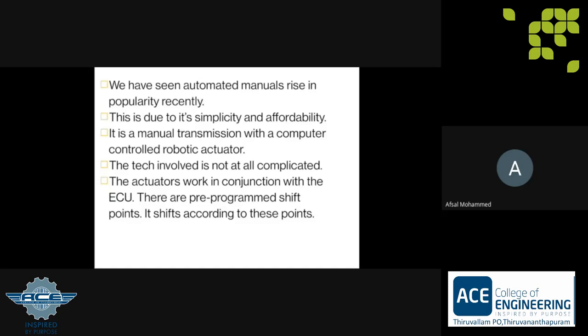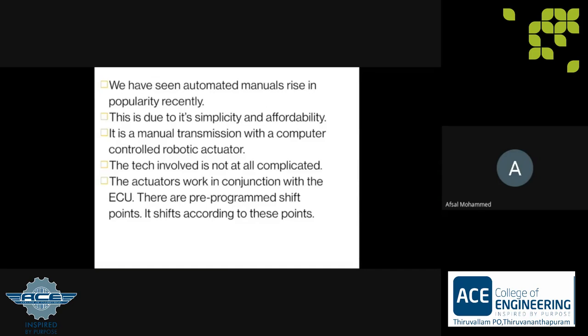The engine and the transmission will be disconnected. That means there is no load on the transmission, and we can easily shift gears. Also, when we move the gear shifter, another set of cables is set in motion, and these are the cables that guide the shifter fork into choosing what gear is needed.